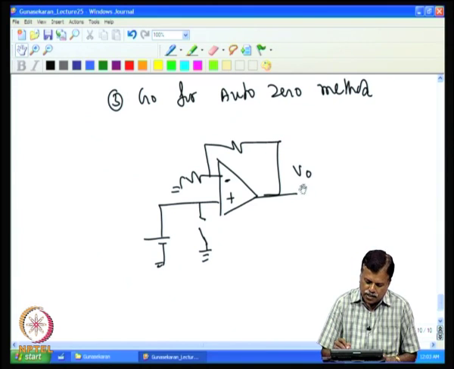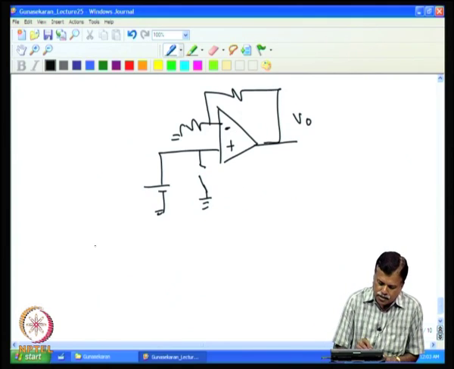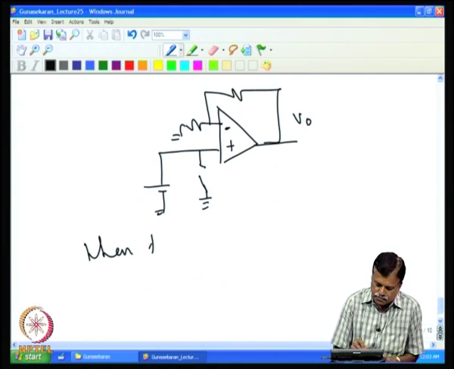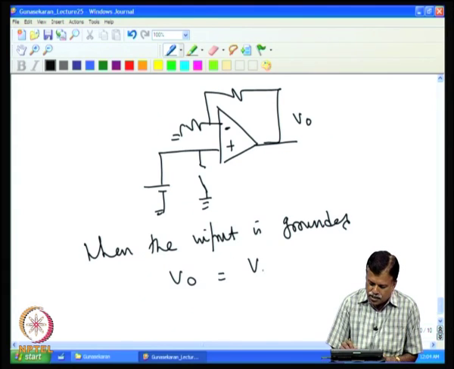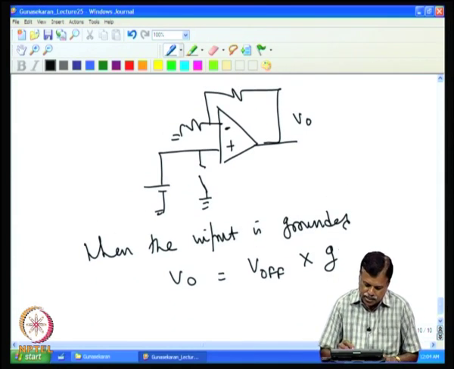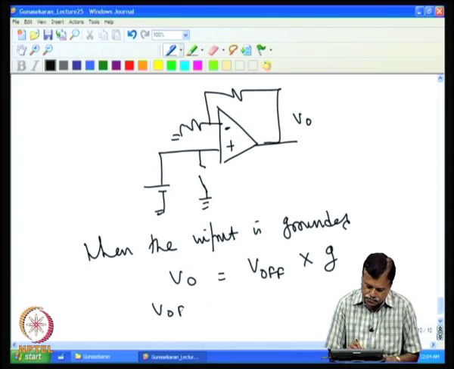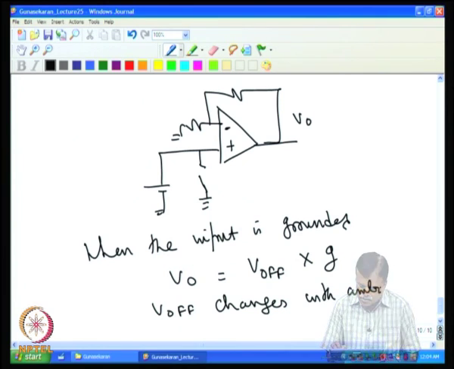When the input is grounded, V0 is actually V offset into gain. That offset voltage changes with ambient temperature.